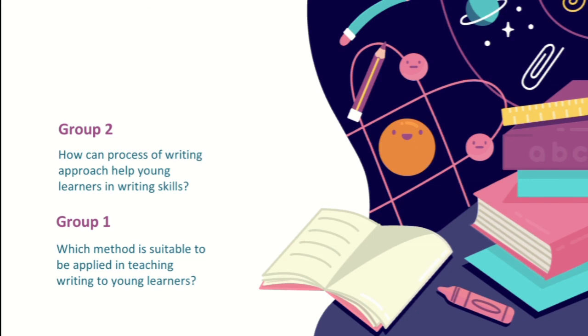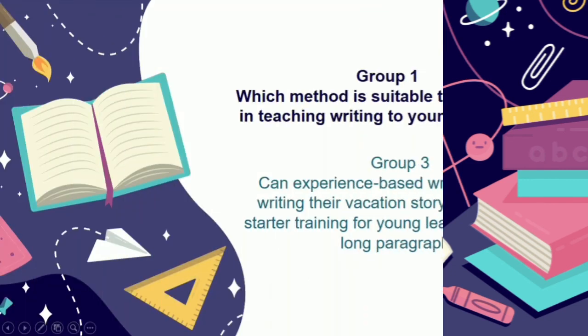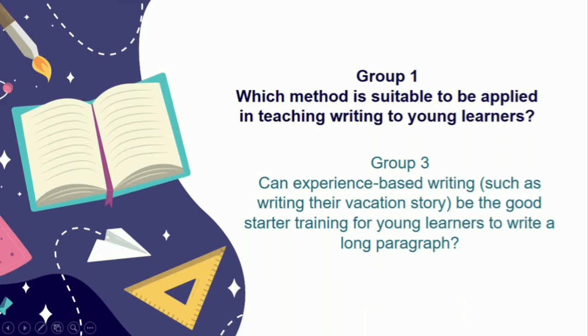And next, my friend would like to add some other method. Which method is suitable to be applied in teaching writing to young learners? In teaching writing for young learners, I think it is effective to use games as the method of teaching because games can create fun for the young learners and can engage the students easily in the learning activities.